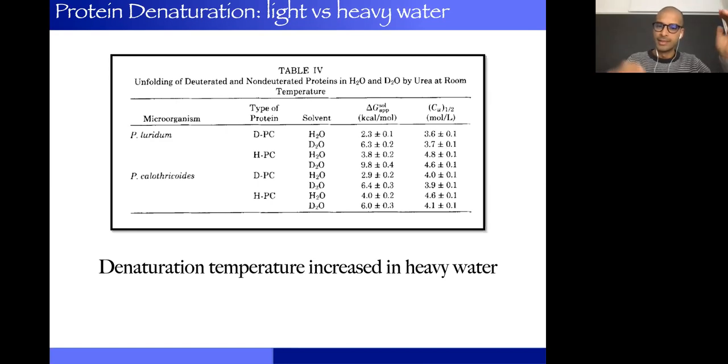So this is a measure of the free energy difference between folded and unfolded states. Again, this is a configurational property of the system. And what you see here is that the delta G changes significantly when you go from H2O to D2O.